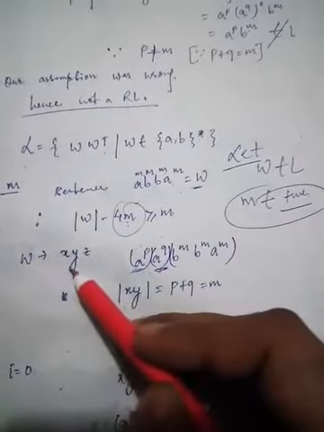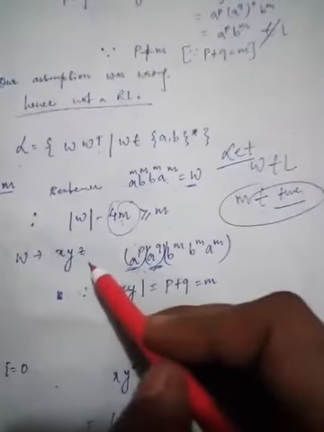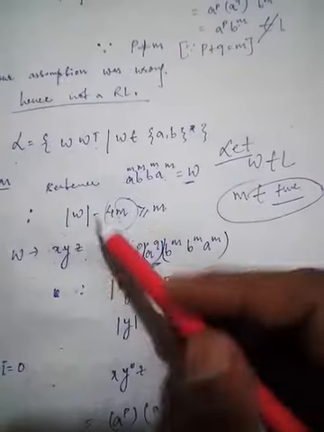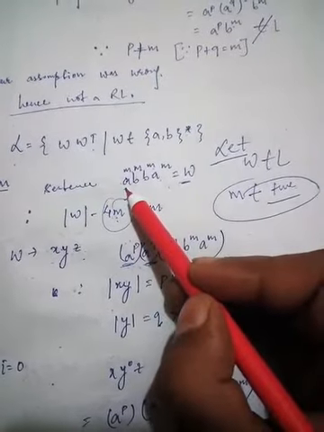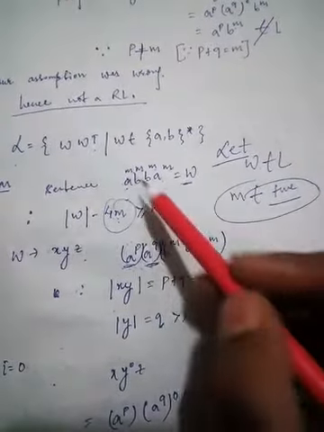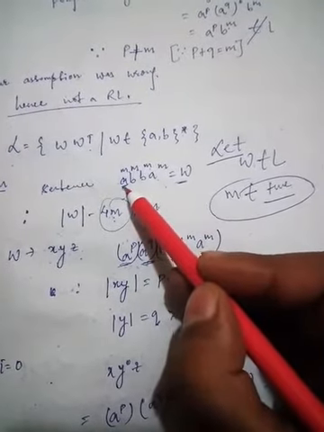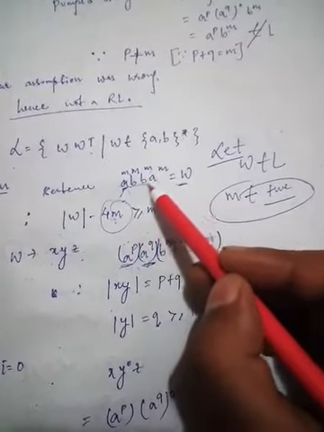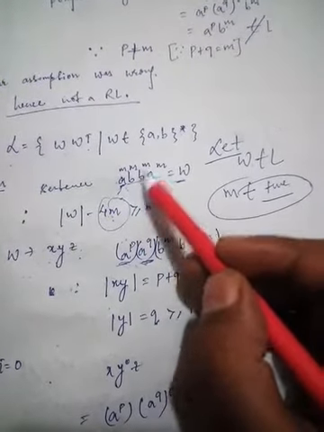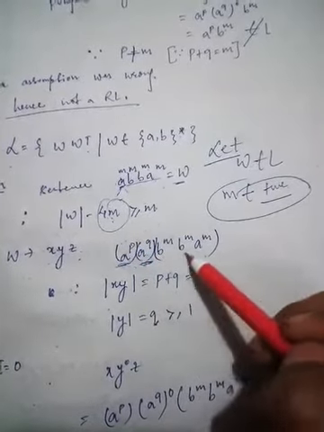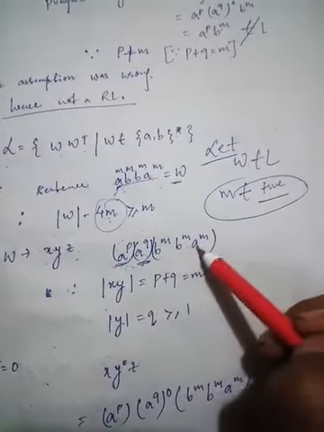Now W will be divided into three parts, x, y and z. We divide the first part into two parts and the other one as a single part. So we get three terms here, a, b b, and b a.